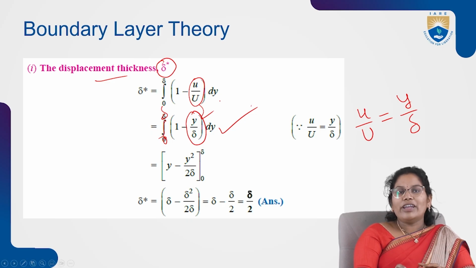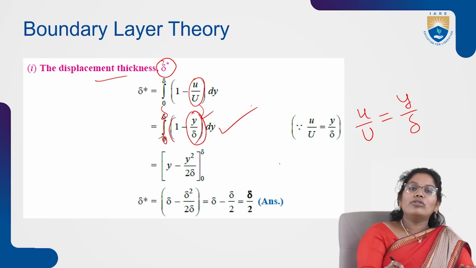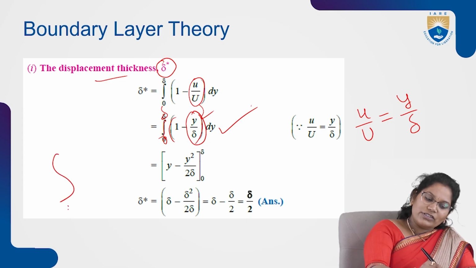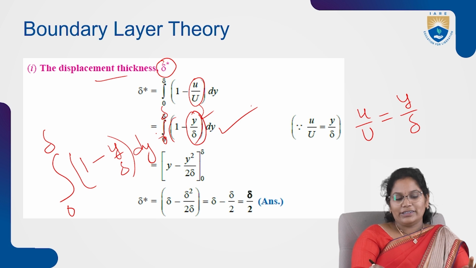Right? Now we have to integrate this with respect to y. Yes, the limits are 0 to delta. Integration of 0 to delta of 1 minus y by delta into dy, with respect to y. We have to integrate, right?